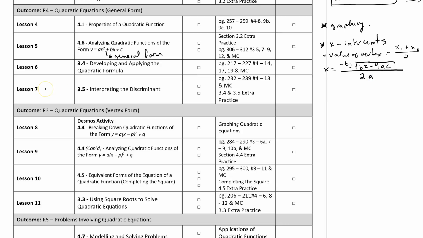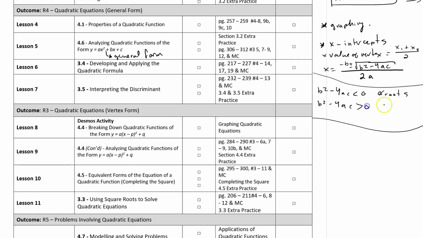And then lesson 7. This is maybe the most helpful when it comes to knowing how to solve a quadratic equation: interpreting the discriminant. Remember, when b squared minus 4ac is less than 0, no roots. When b squared minus 4ac is greater than 0, 2 roots.